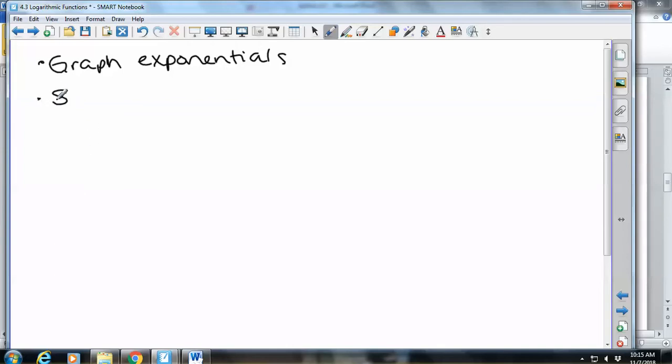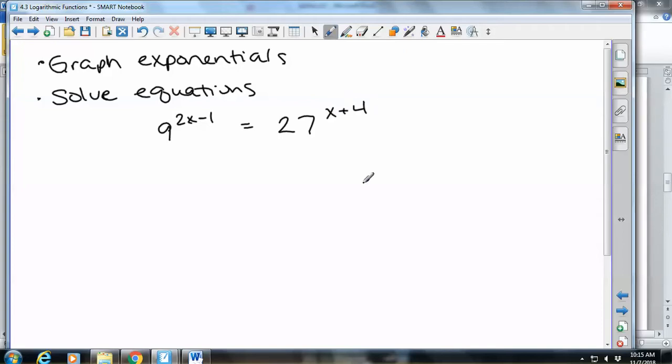We also started solving equations. Let's do 9 to the 2x minus 1 equals 27 to the x plus 4.